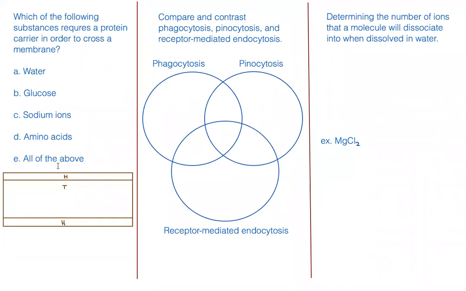Next we have to think about the environments that they interact with. If this is the outside of the cell, and this is the inside of the cell, remember that the heads are hydrophilic, and that means they're also polar.